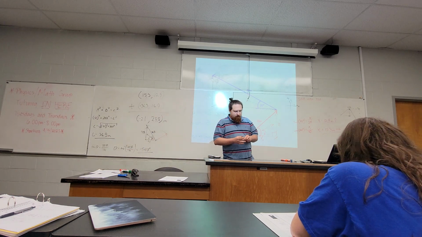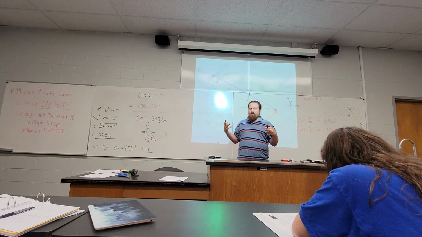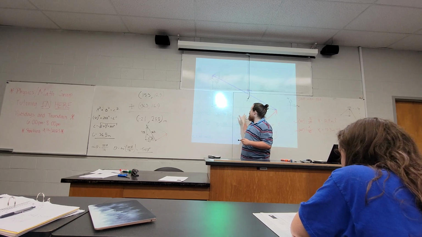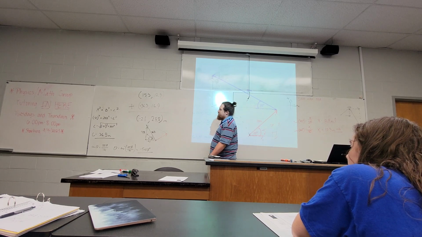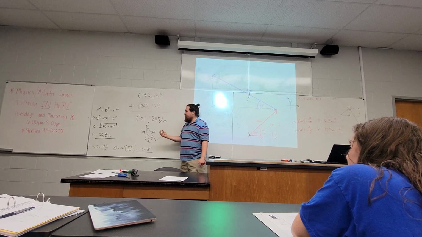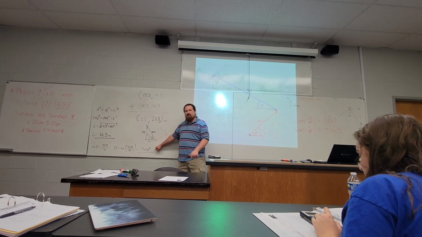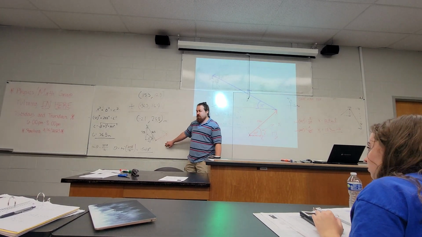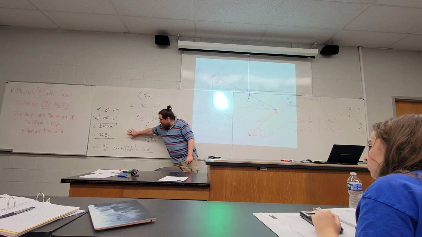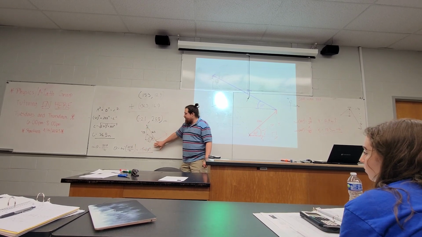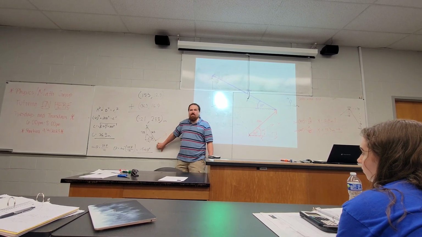So the magnitude and direction form of our final vector is 36.5 meters at 54.8 degrees. Sometimes the numbers just come out in the wrong order, I apologize.